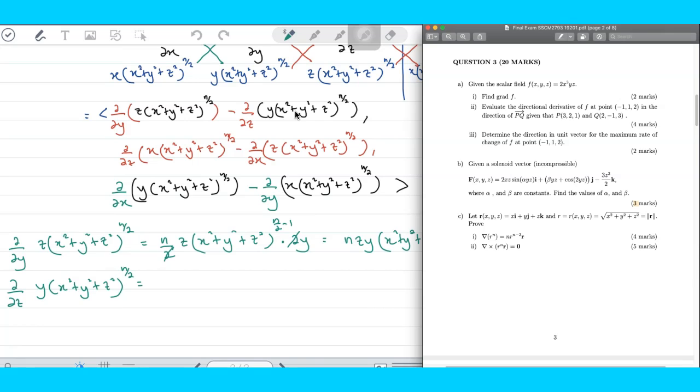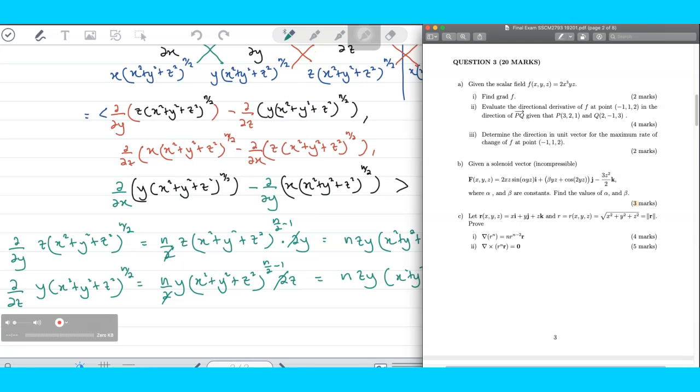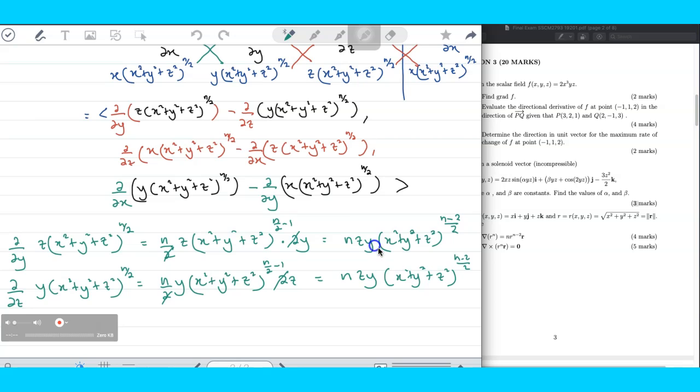Then this will give you n over 2 times y times (x squared plus y squared plus z squared) to the power of n over 2 minus 1, times 2z. So you will get n z y times (x squared plus y squared plus z squared) to the power of (n minus 2) over 2. So you can see that you will get a similar expression.